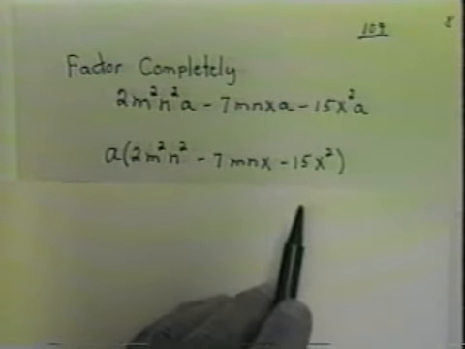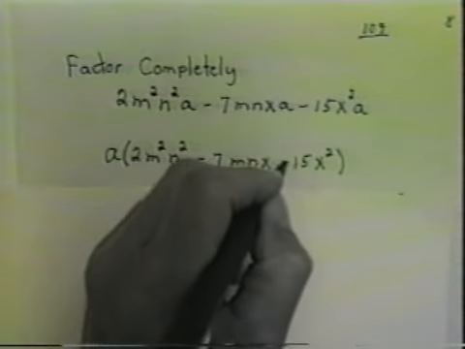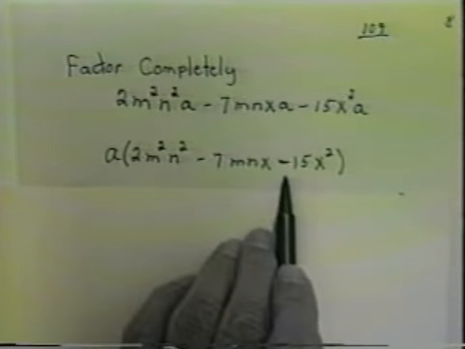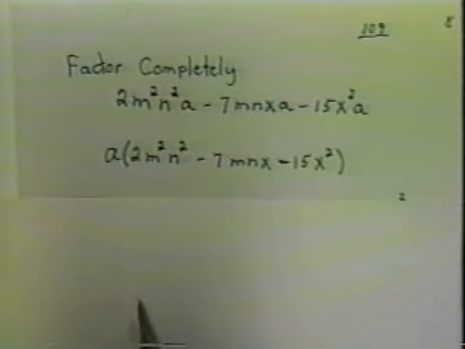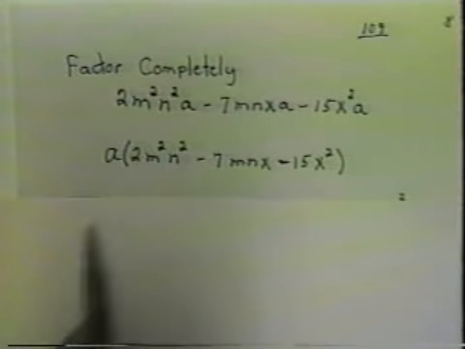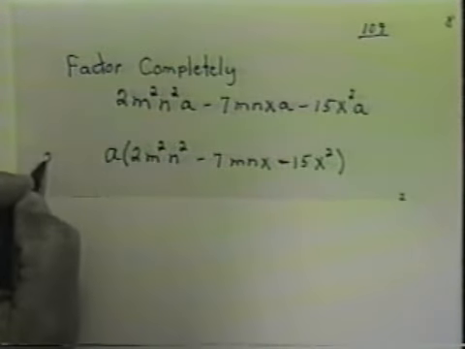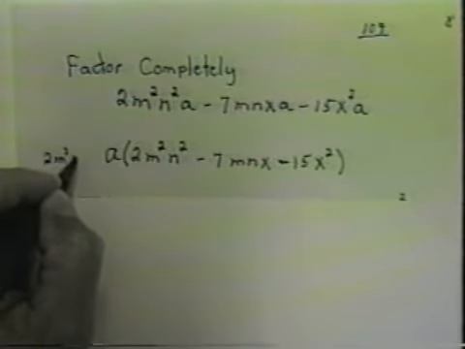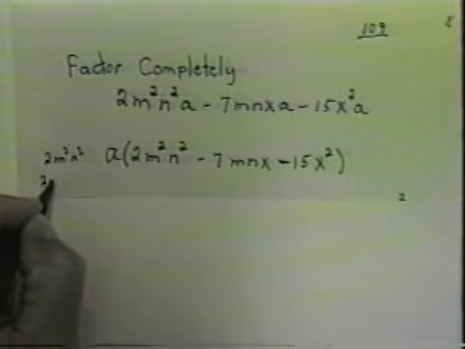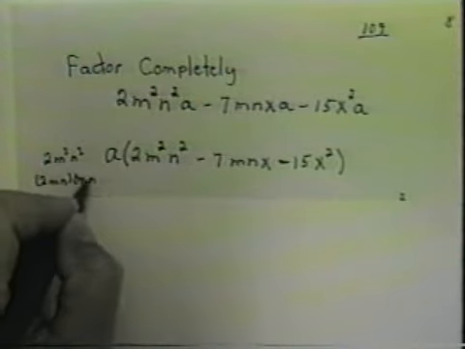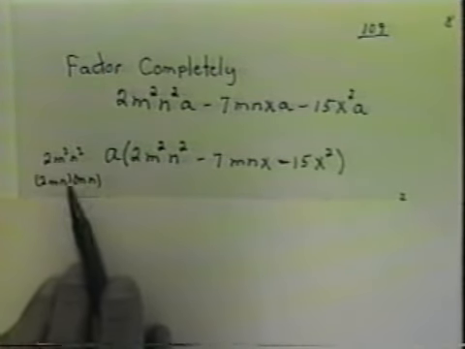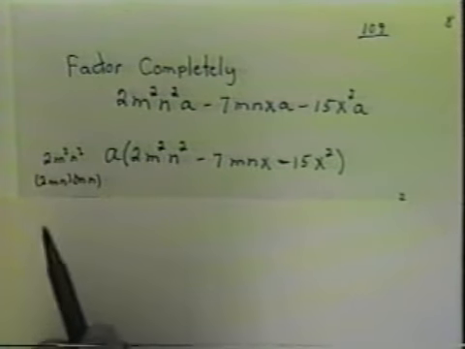Now we want to analyze what it means. This tells me the signs are different. And we want to also analyze how I can get 2m squared n squared. Well, the only way of getting 2m squared n squared is 2mn times mn. Be sure to list down all your possibilities before you start guessing.